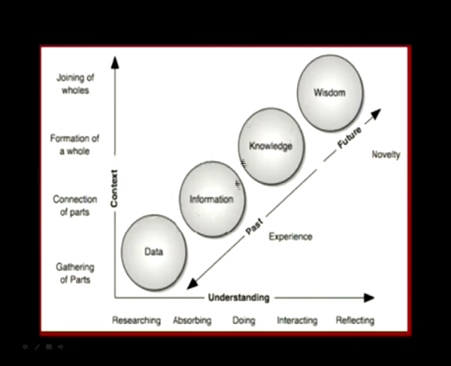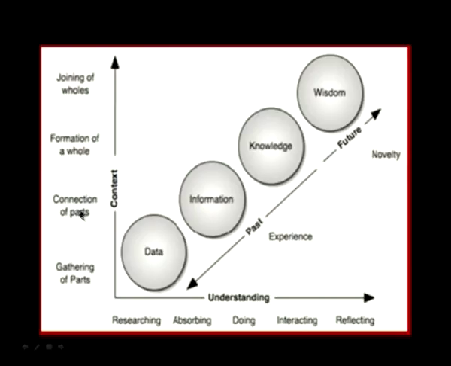This is another interesting slide representing understanding versus context. Data is just a gathering of parts; you are gathering 5 and 0, that becomes 50. Gathering of parts is data. Information is connection of parts; when you find out the relationship, that becomes a connection of parts, and that is information.